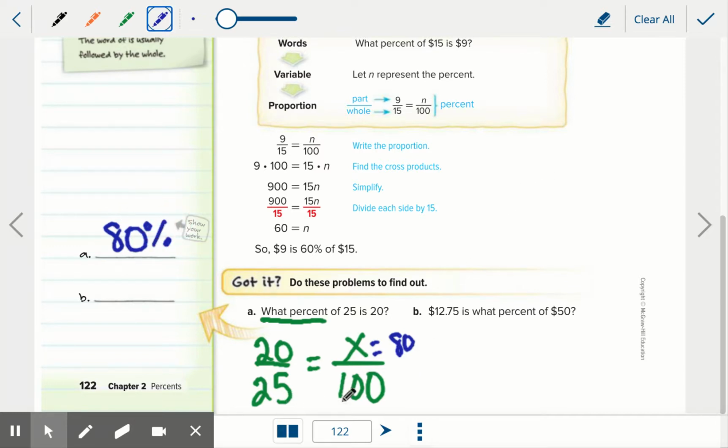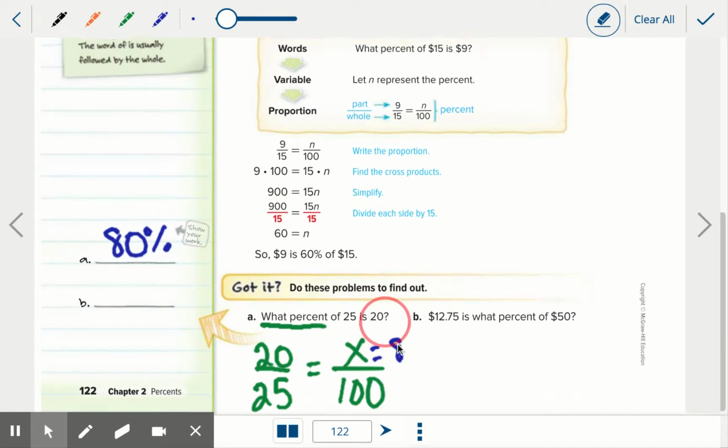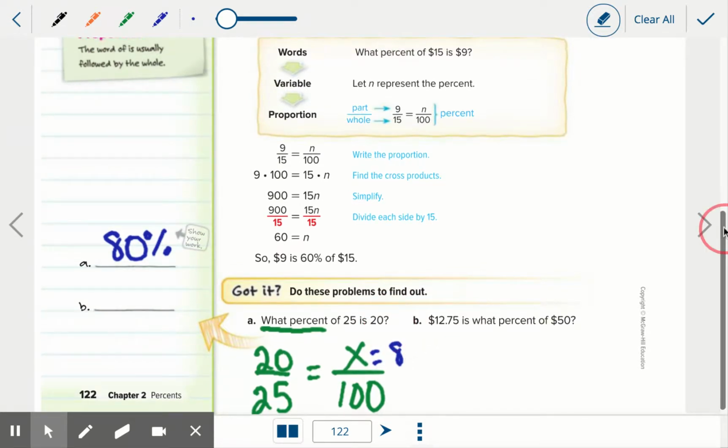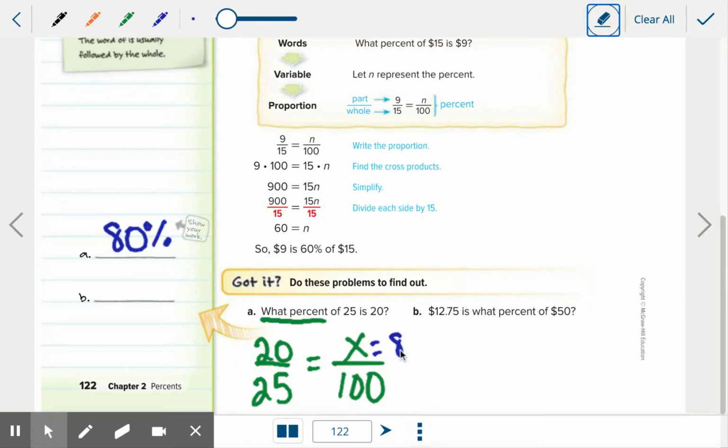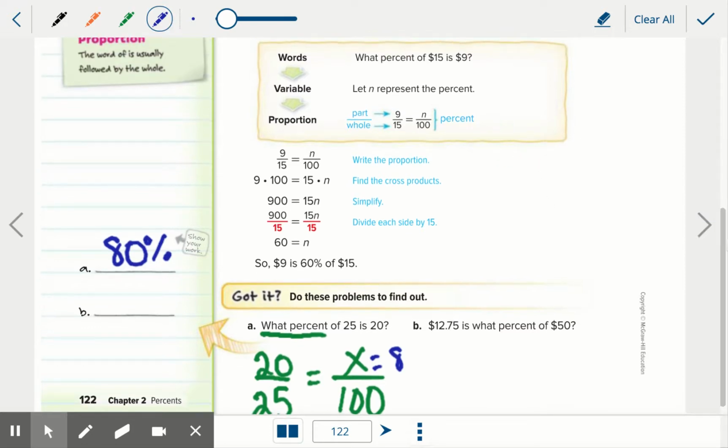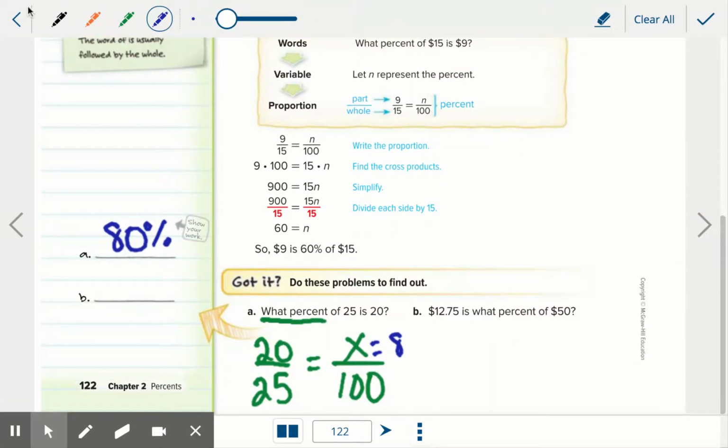Now, if you didn't see this, what I would have suggested you do, I'm going to erase this, is using your cross products. Does everyone remember how we found our cross products? If this lets me erase, which it's not, so we are going to just rewrite it up here. Oh my goodness. Let's go ahead and see if this will work. Let's just restart. Sorry, guys.